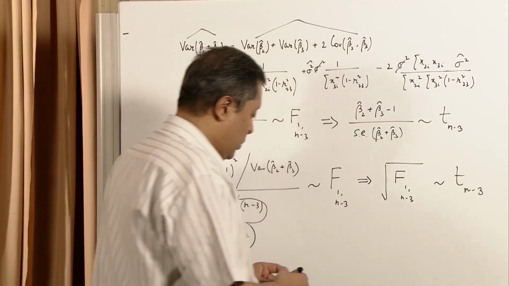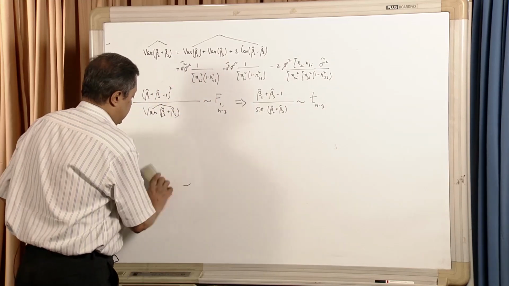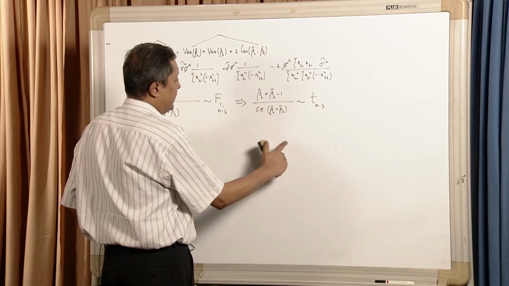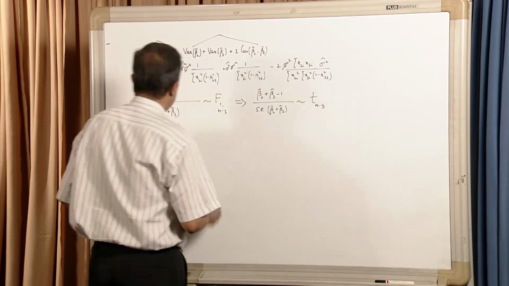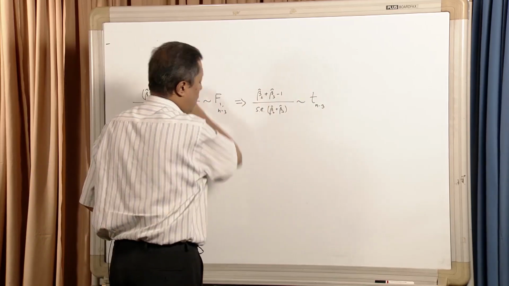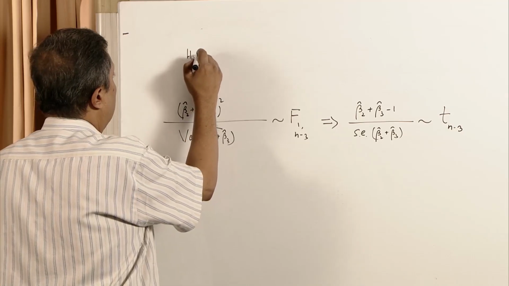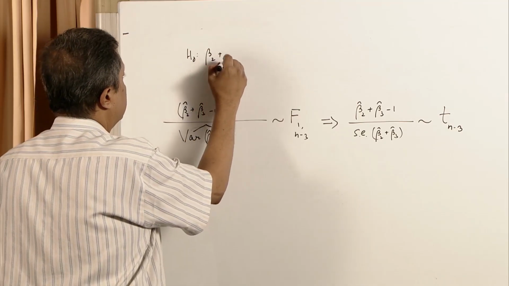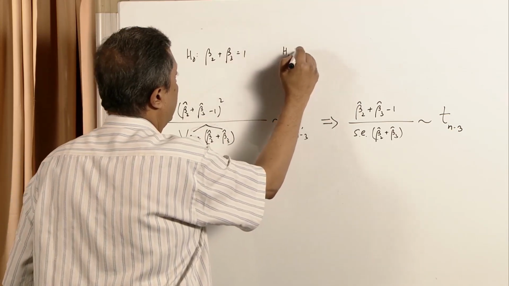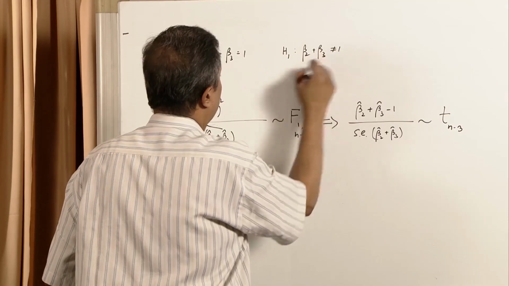So, we use this test statistic, beta 2 hat plus beta 3 hat minus 1 divided by the standard error of beta 2 hat plus beta 3 hat, and we carry out the test for H naught: beta 2 plus beta 3 is equal to 1 against H 1: beta 2 plus beta 3 not equal to 1.